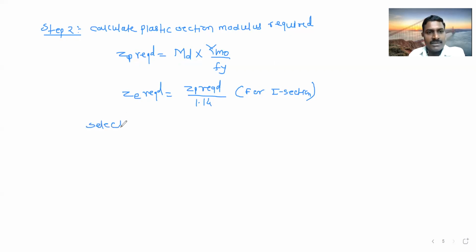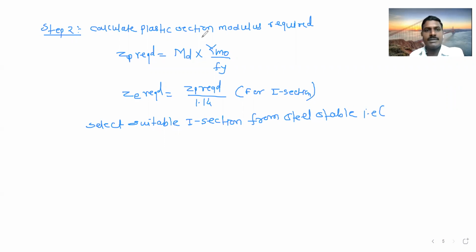Now select a suitable I section from the steel table, that is, matching the value of ZE with ZXX. That means ZE is ZXX, and we have to select the I section that matches it.